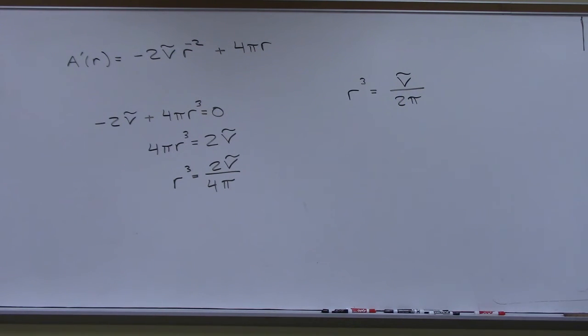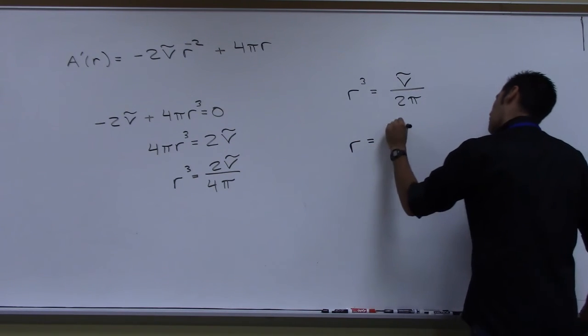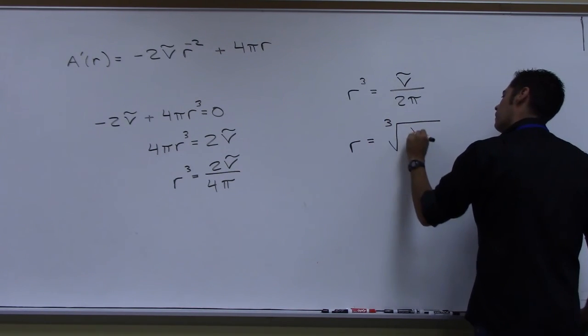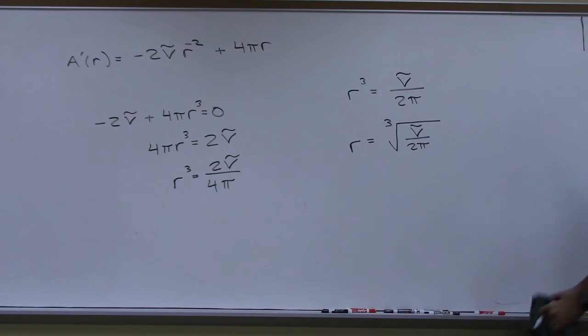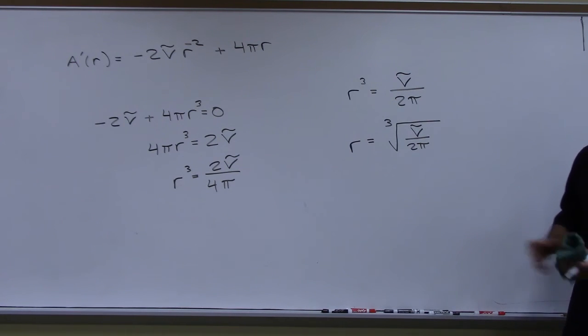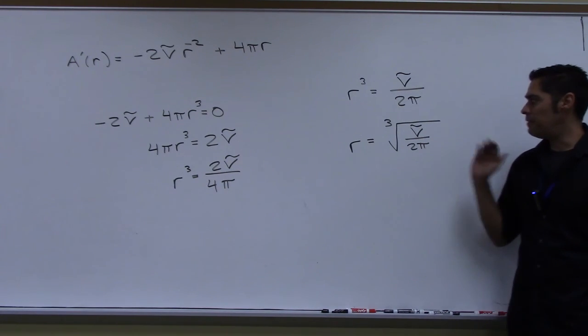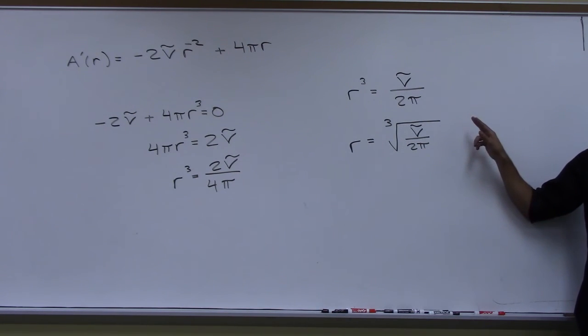Cube root. All right. So whatever your volume is, a critical number of this is that value. It's the volume of your can divided by 2 pi, take the cube root.